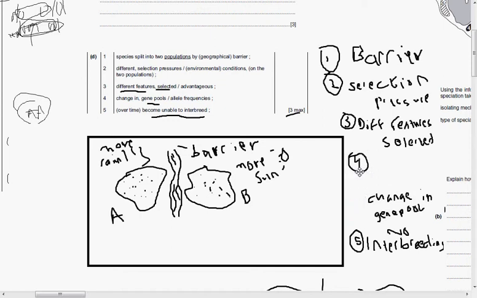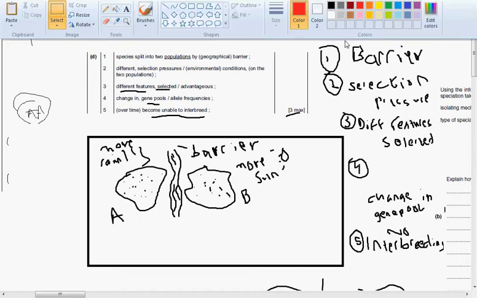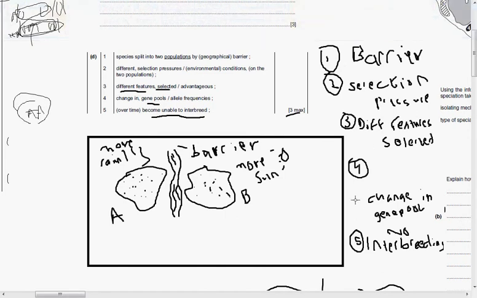Is it different features selected? Yeah, changing gene pool. Now different features selected, but then there is something else over here. There is mutation occurring.